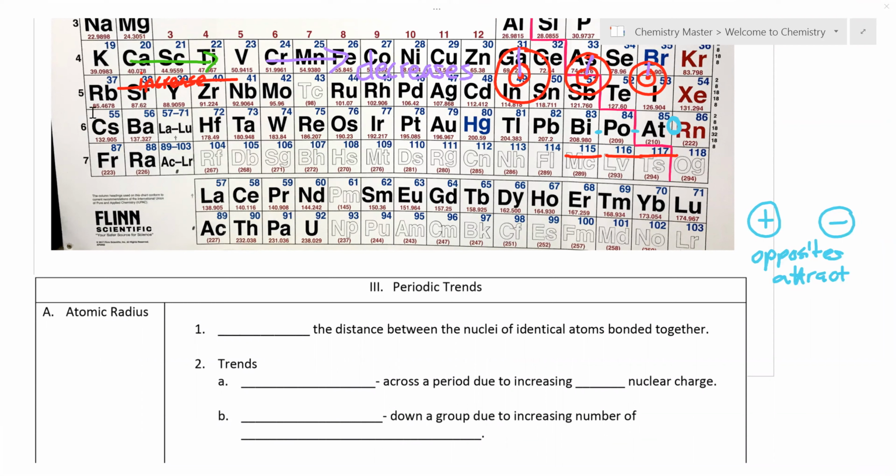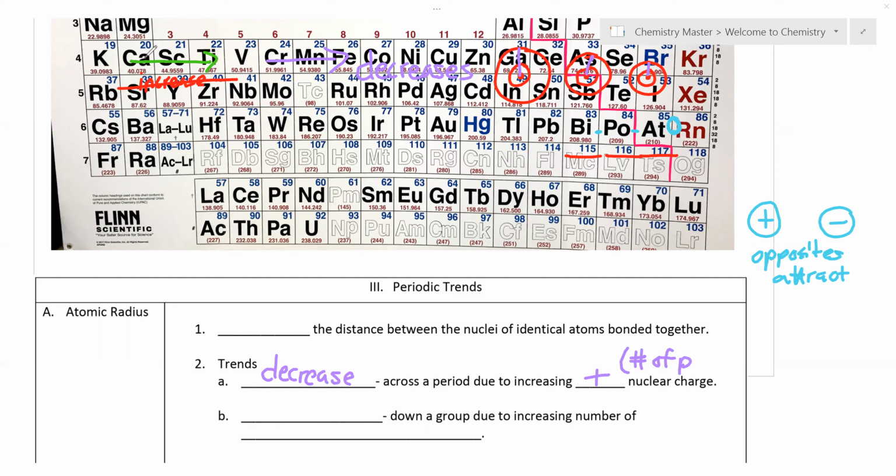All right, so down here, when we're looking at atomic radius and the trends, it is going to decrease across a period due to increasing nuclear charge, which just means increasing number of protons.